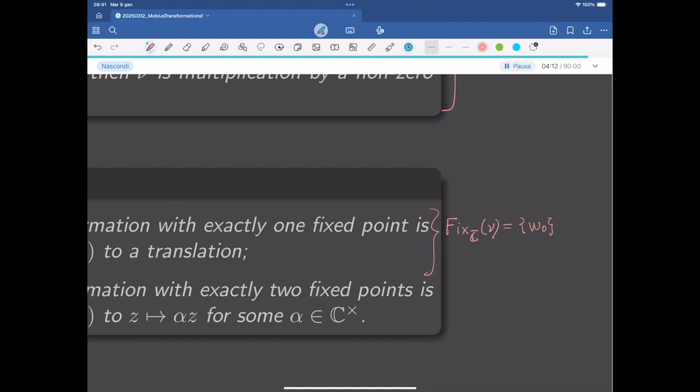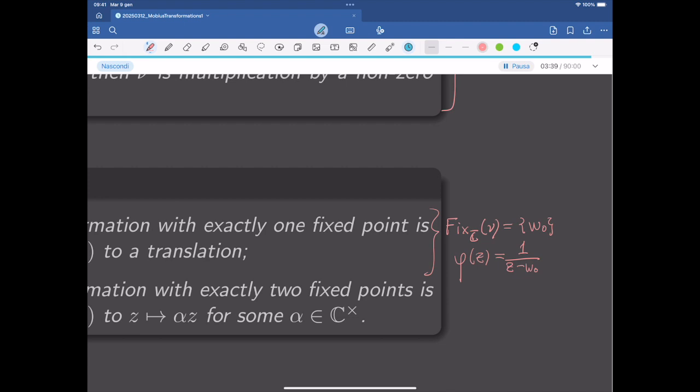Then define, let's say, phi to be the Möbius transformation given as phi of z equal to, I mean, I just want to send it to infinity and conjugate by that, so that after conjugation I know it's a translation. So z minus w naught.